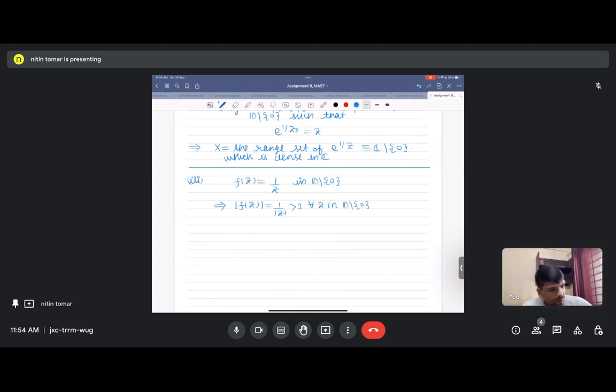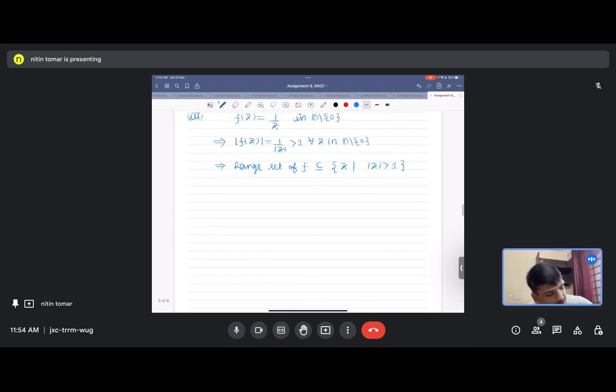And therefore the range is not C, but that is not the argument. The range set of f is contained in the set z such that mod z is greater than 1. Yes or no?